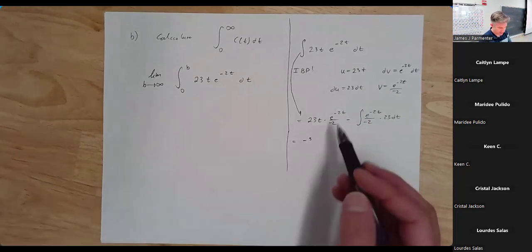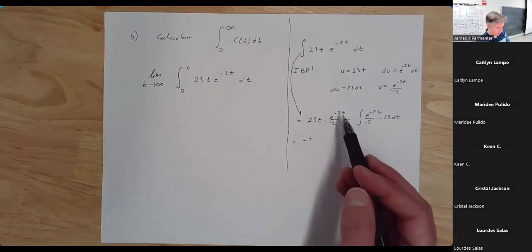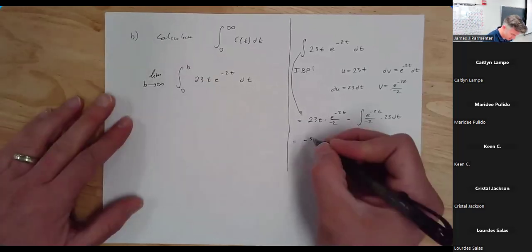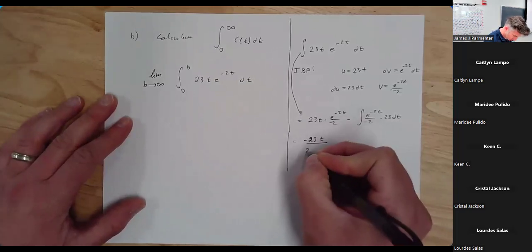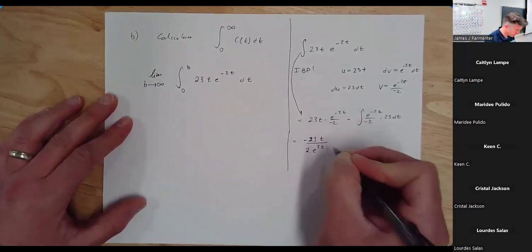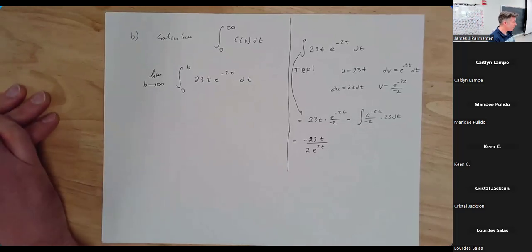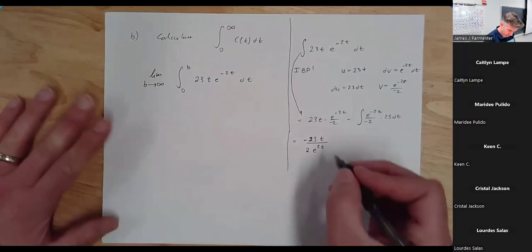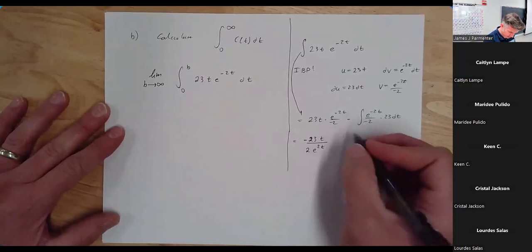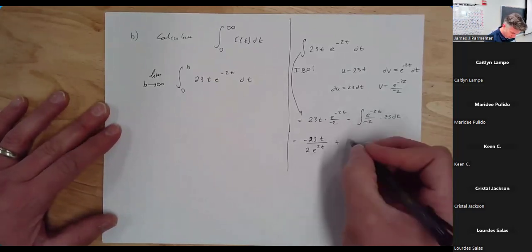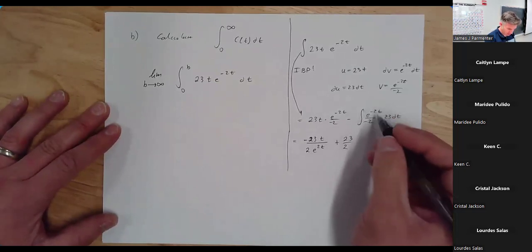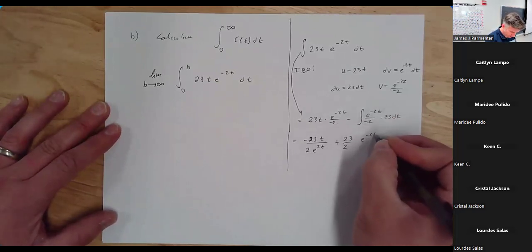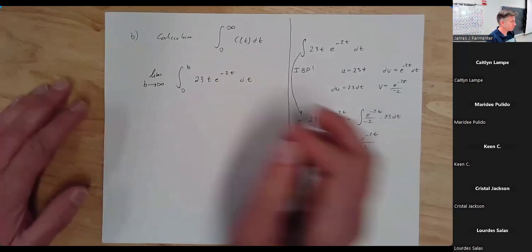So instead of having e to the negative 2t in the numerator, I'm going to rewrite this as 23t over 2 times e to the positive 2t, because I find that more helpful. And then minus a minus is plus. I have a 23 over 2. And then the antiderivative of e to the negative 2t is e to the negative 2t divided by another negative 2.